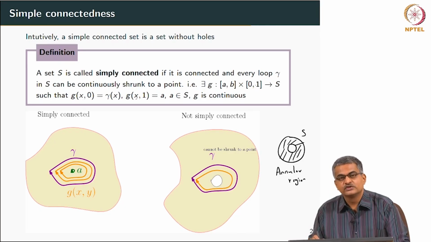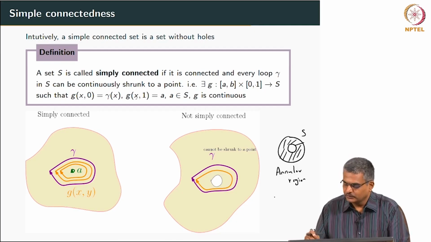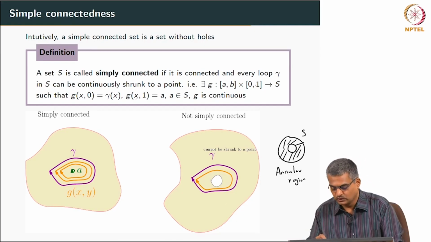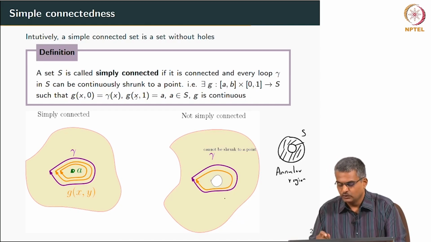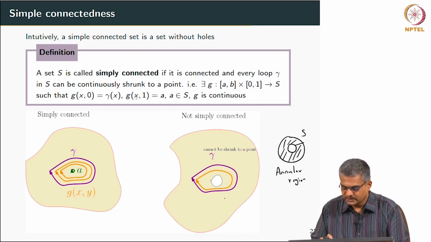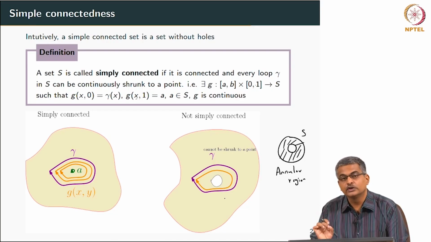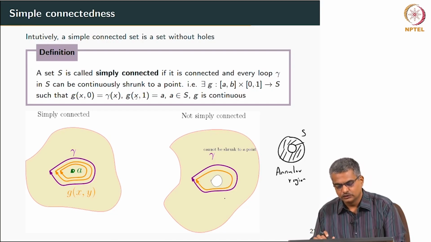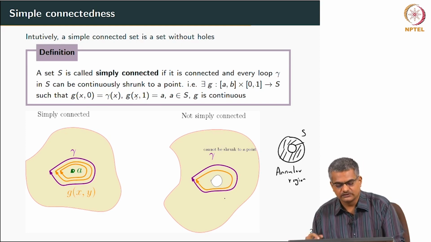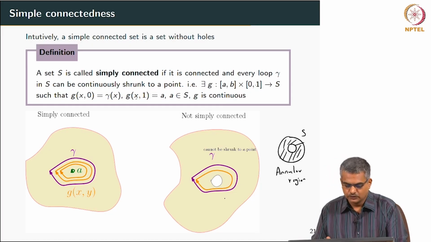The annular region is not a simply connected set, because no matter what closed curve you take, you will never be able to find a continuous function which shrinks this curve to a point belonging to the set. This notion of simply connected set is going to be used when we talk about periodic solutions.